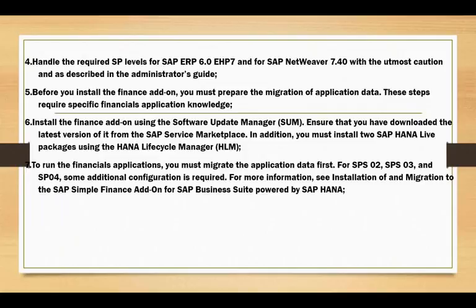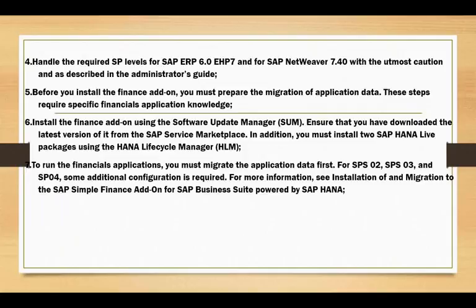So now the first point is to install the simple finance add-in software update manager. Ensure that you have downloaded the latest version from SAP Service Marketplace. You need to take this new edition and the SAP HANA Live package using HANA Lifecycle Management.